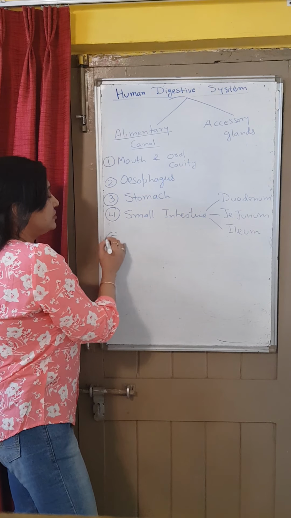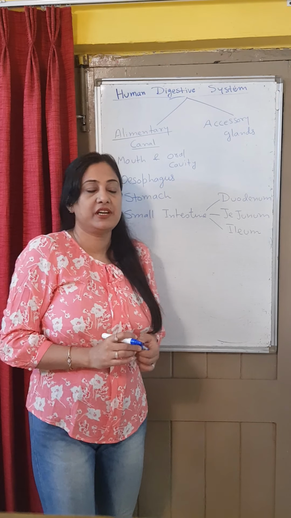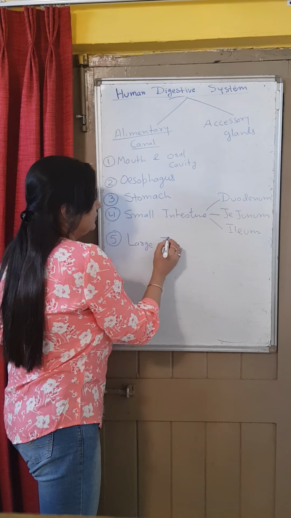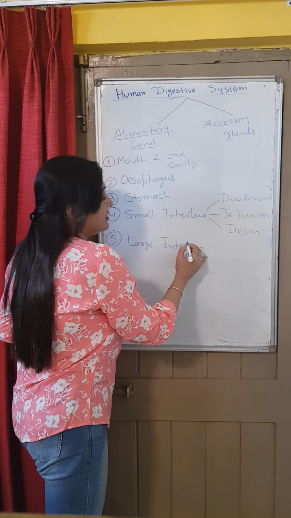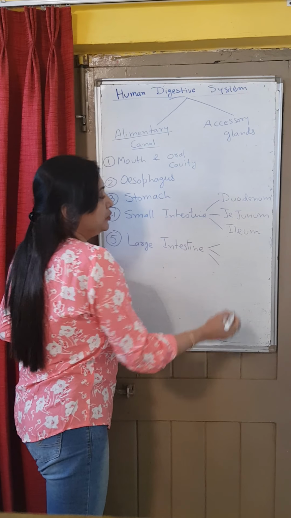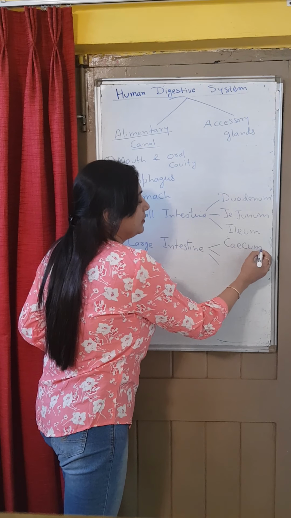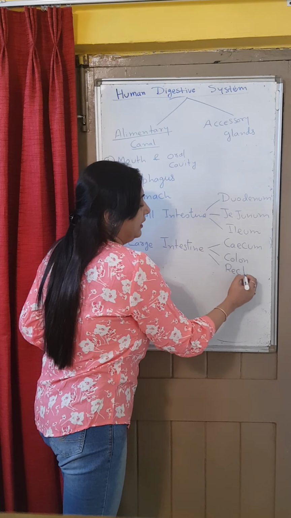Small intestine leads to the next part of alimentary canal, that is the large intestine. Large intestine is again further divided into three parts. They are cecum, colon and rectum.